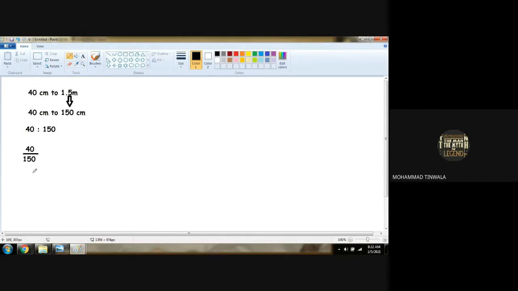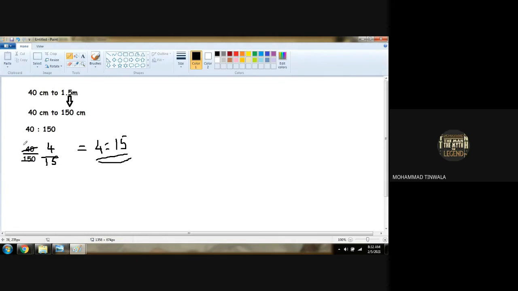Am I right or wrong? So 10 is the common table. 10 fours are 40, 10 fifteens are 150. Now 15 and 4, can we divide these with each other? No. So 4 is to 15 is the answer.